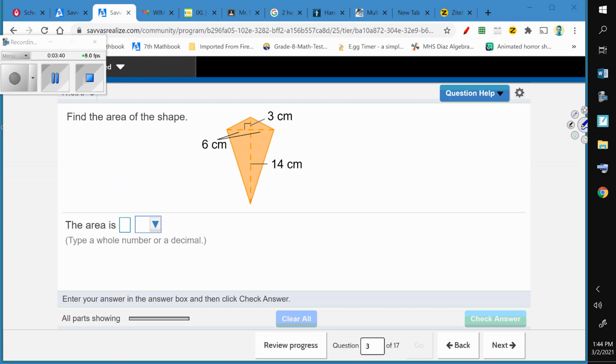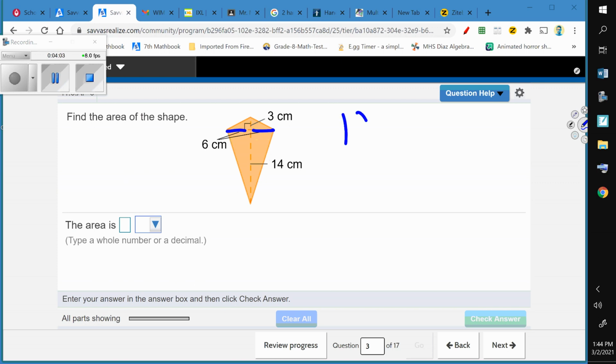Anyway, so I need to take the horizontal length times the vertical length, and I'm either going to take that answer and divide by 2, or I'm going to divide one of these numbers by 2 and then multiply. So that's the process. So class, 6 and 6.